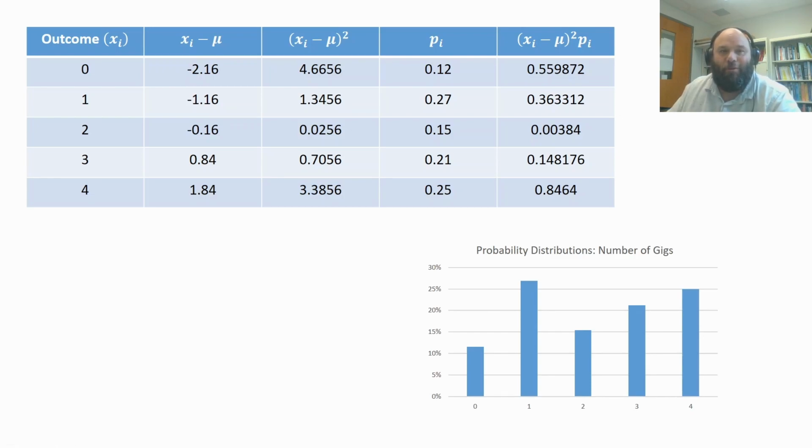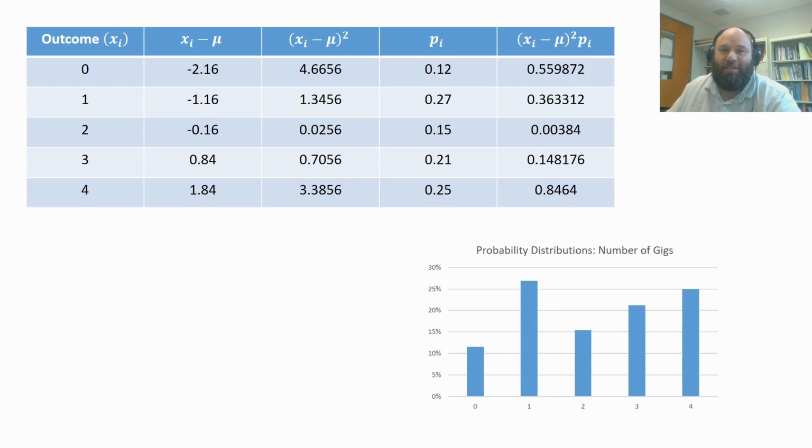And then, as the formula told us, we take each of these numbers in this column, each of these deviations from the expected value, and we square them. That helps us get away from having cancellation that gives us a 0 in the sum. That's what this third column is.